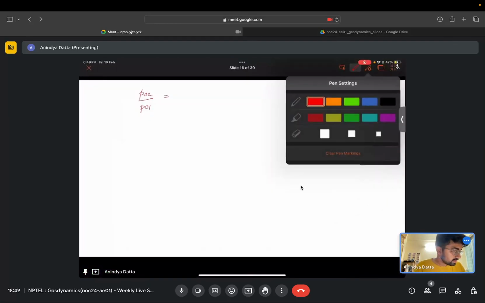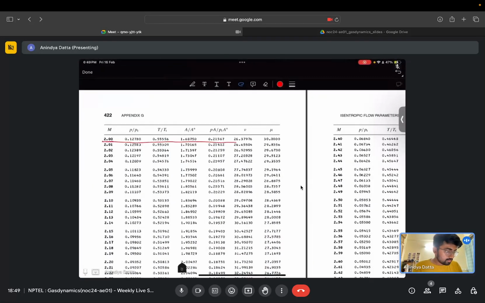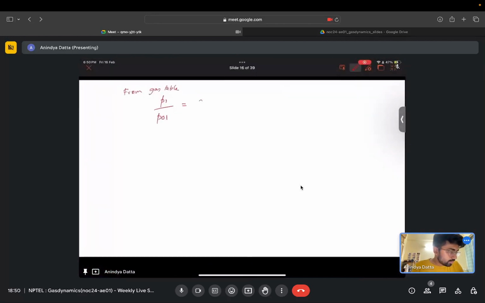From the gas table, P1 by P01 is equal to this value, 0.12780, at Mach number 2.0.